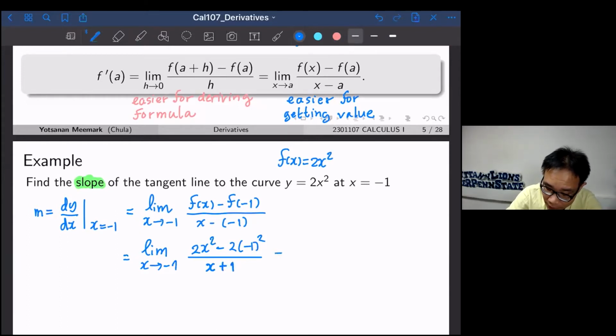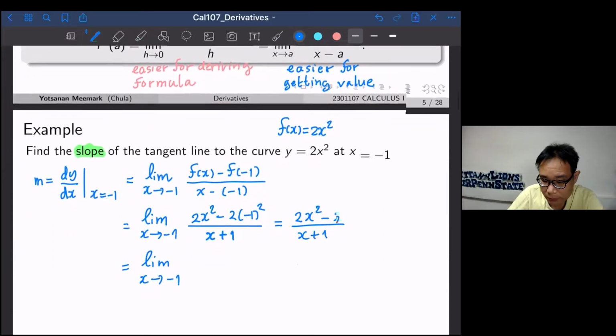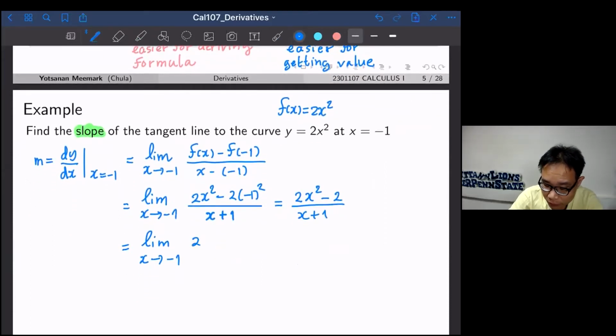And you see that you can have 2x squared minus 2 over x plus 1. And this will be the limit x goes to -1, and you have 2 outside, and you have x squared minus 1 over x plus 1.